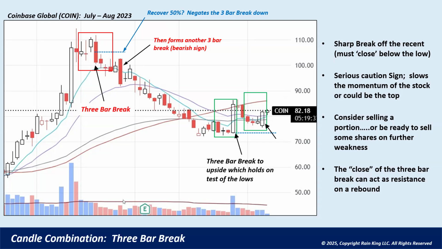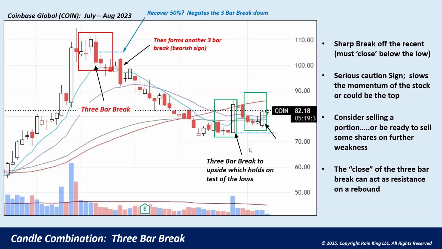You can see the volume picked up a little bit, and you say this is not a good sign at all. So that's one of the ways you're trying to see, is there going to be a recovery? Sometimes you get it, sometimes you don't. But that's one of the ways that this is really telling us that there's something more significant going on, and you can see how the stock corrected quite a bit from that point.